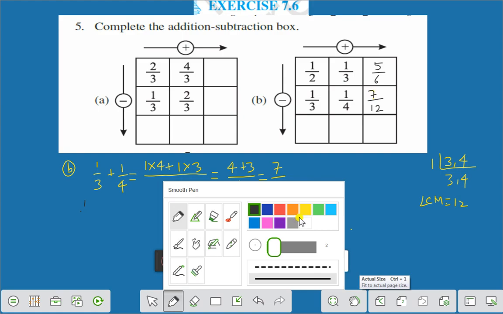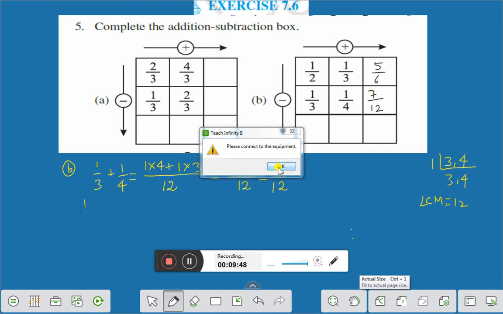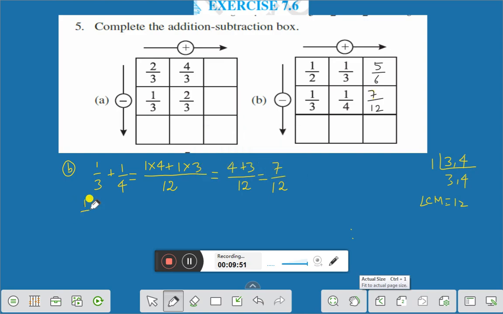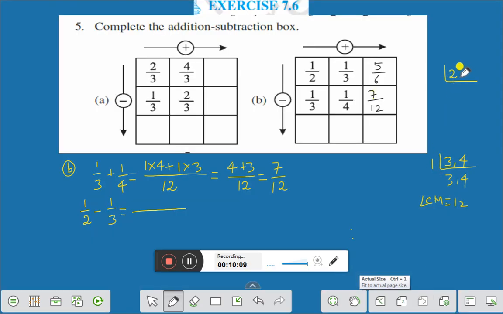Let us subtract 1 by 2 minus 1 by 3. And here also the LCM of 2 and 3, what are you getting?